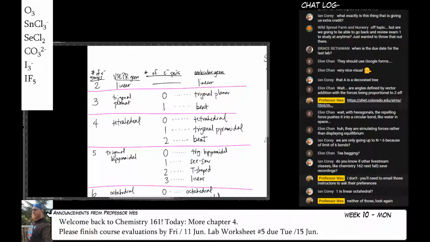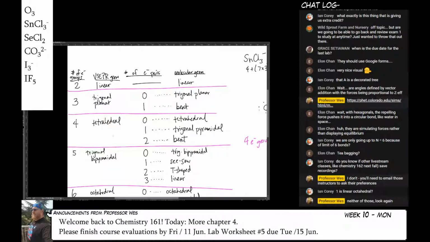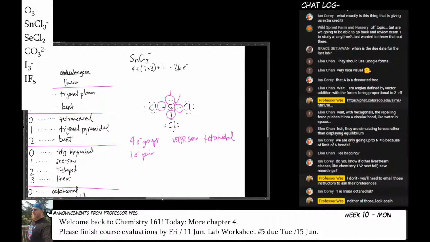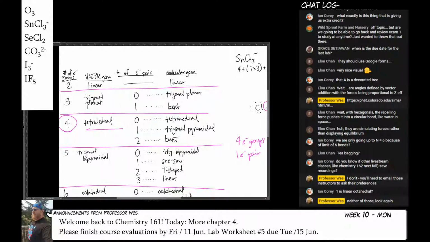What's the VSEPR geometry? Well, 4 electron groups is tetrahedral. Forgot the E in there. Of those 4, one of them's an electron pair. What is the molecular geometry?